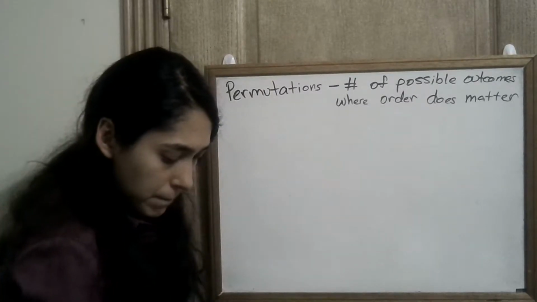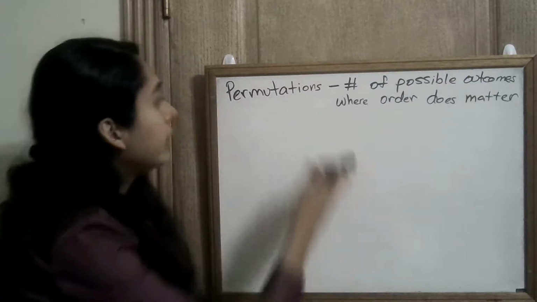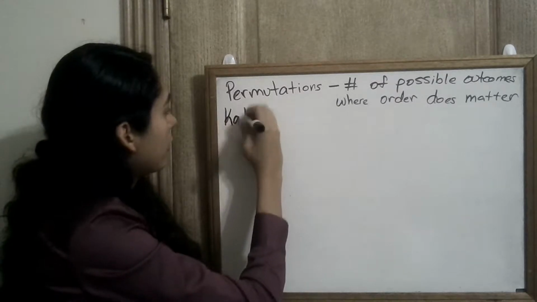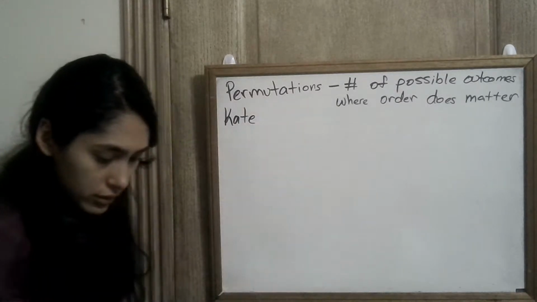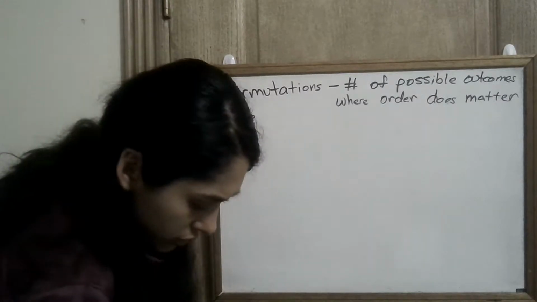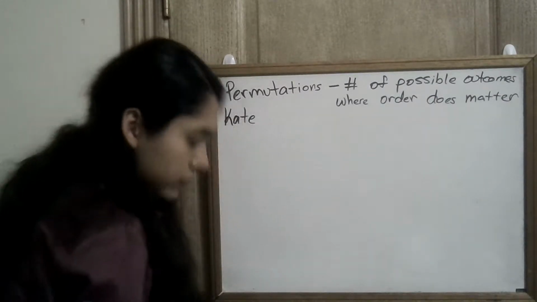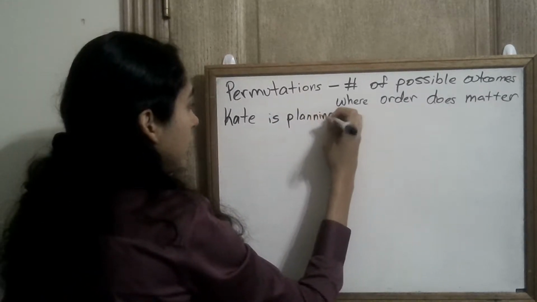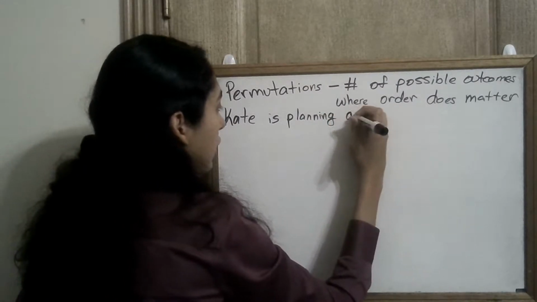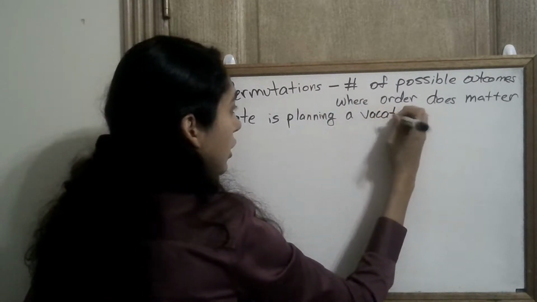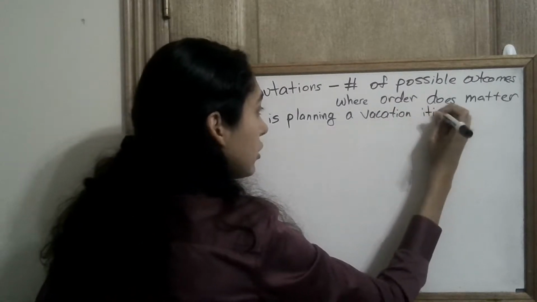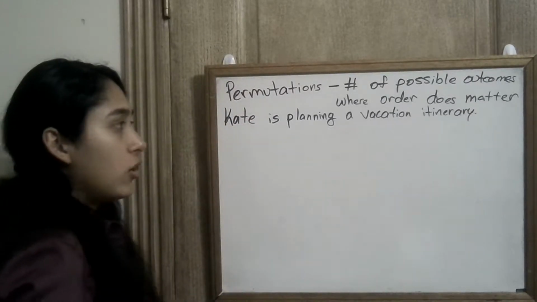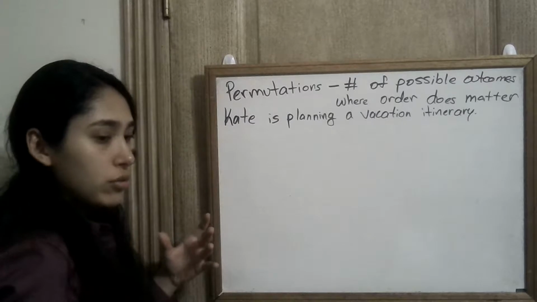Let's say Kate is planning a vacation itinerary. Okay, so itinerary is just a fancy way of saying what's your plan or your schedule for a vacation.